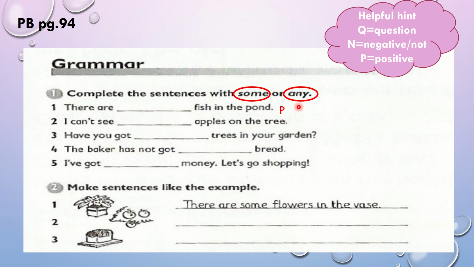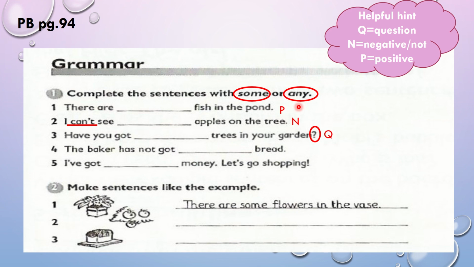Question number 2. I can't see what apples on the tree. Can't means it is negative. Have you got what trees in your garden? This is a question.